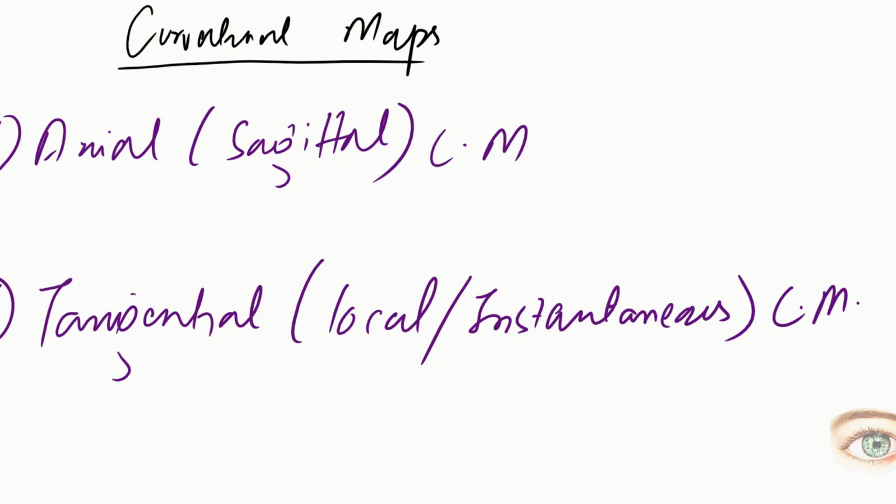Now, we know that the pachymetry map gives us readings in microns, and these curvature maps are going to measure the curvature of the cornea with respect to a reference line.